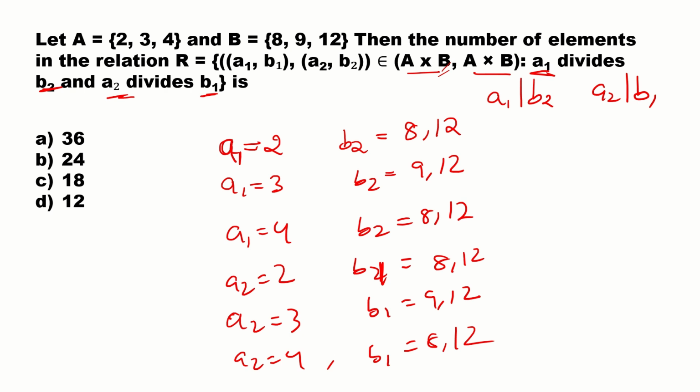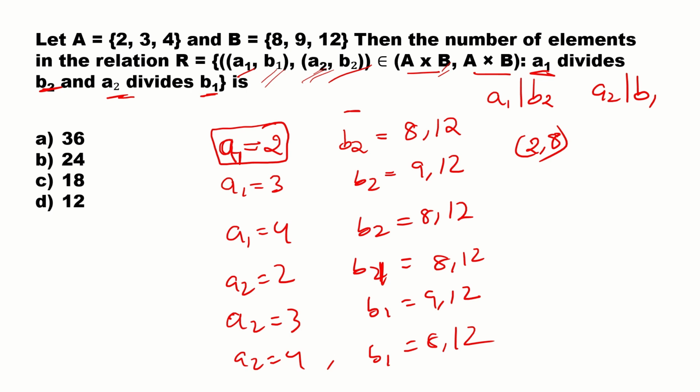Now let's take one particular value of a1, b2, let's say 2, 8. Now we need to check if this affects the value of a2, b1. As we can see, it does not affect, because if a1, b2 is equal to 2, 8, then a2 and b1 are not affected by the value of a1 and b2.